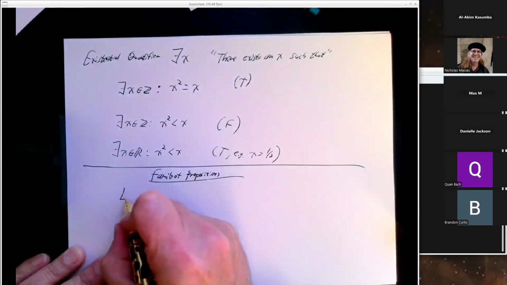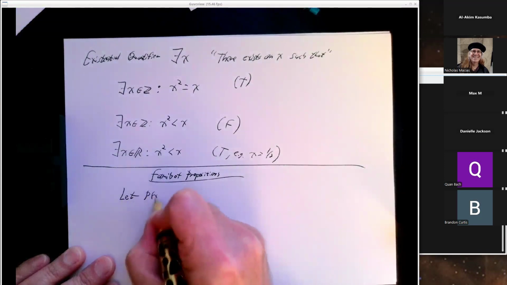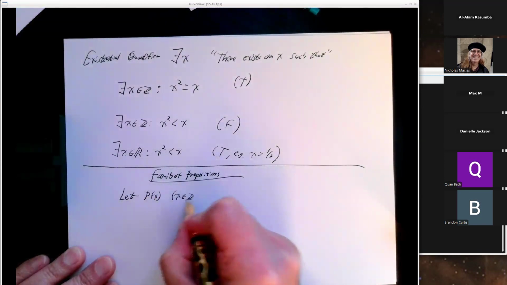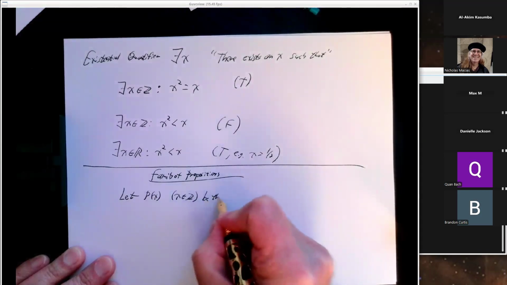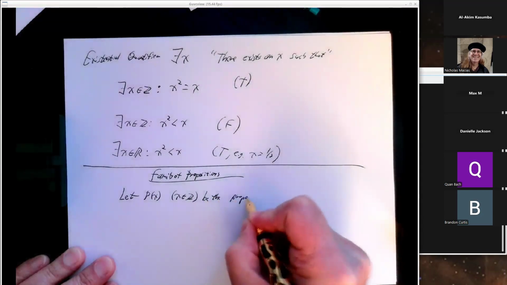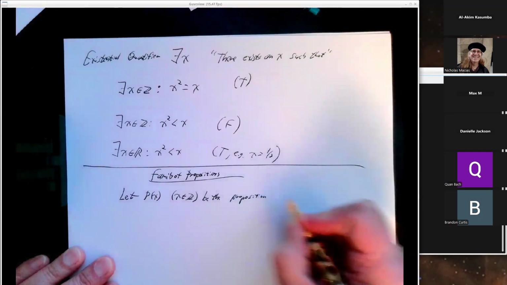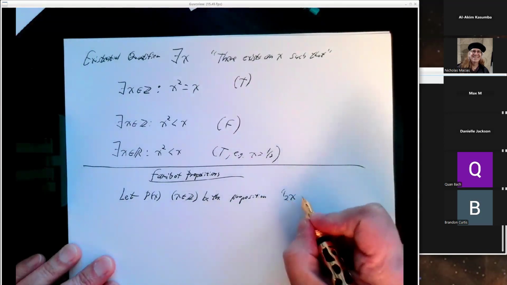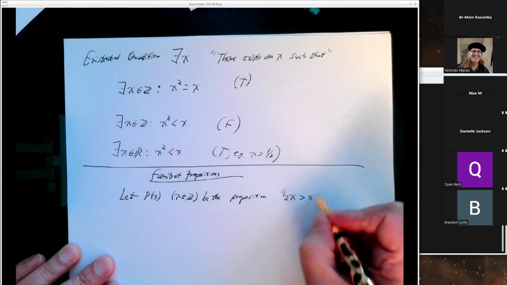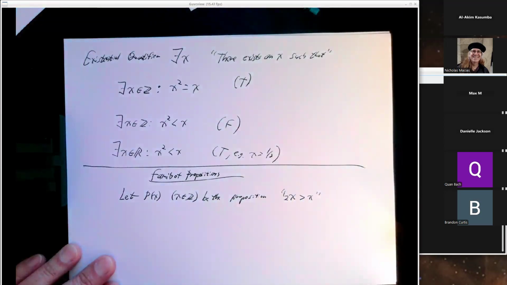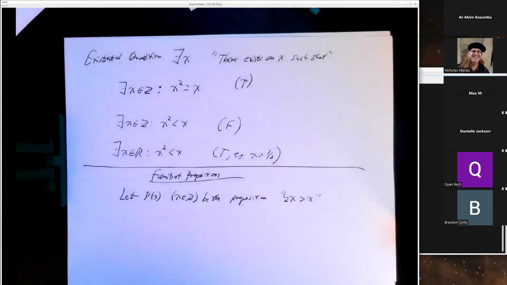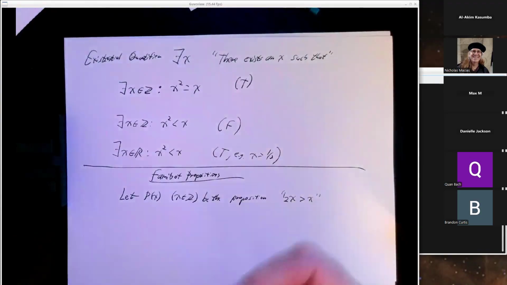For example, let P of X, where X is an integer, be the proposition 2X is bigger than X. So X can be any integer, and for each possible value of X, we have a different proposition.